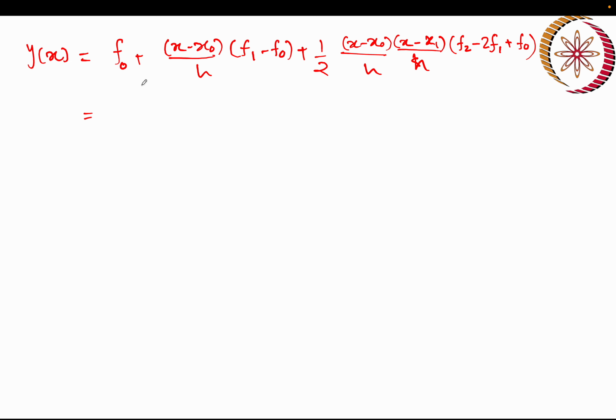Okay, so in this case we are assuming this to be s, so f0 plus s (f1 minus f0) plus half, this term will be s, this term will be s minus 1.